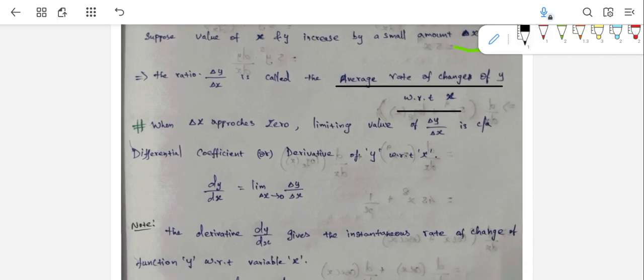In this average rate, when delta x, the denominator value, approaches 0, it's not equal to 0, it tends to the value 0, that limiting value of delta y by delta x is called the differential coefficient, or you can say the derivative of y, or the first differentiation, the first derivative of y with respect to x.